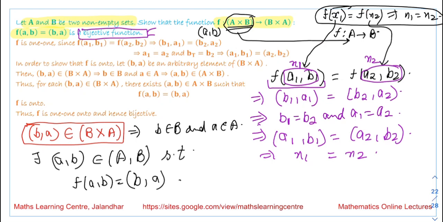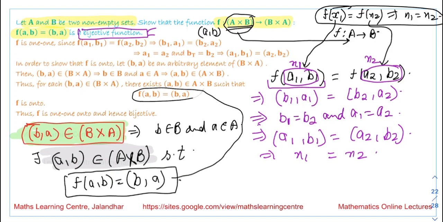So what we have proved is that for every element of the codomain there exists an element in the domain, and this proves that f is an onto function. A function which is both one-one and onto is called a bijective function.